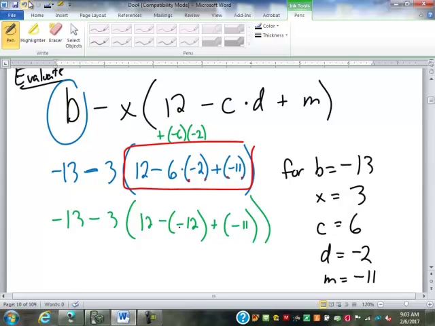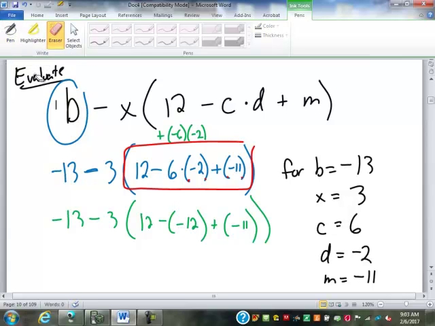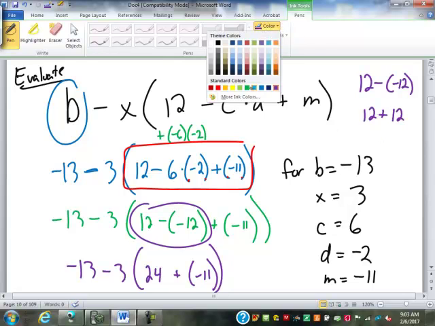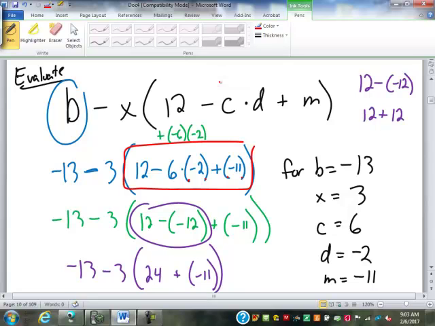So, I get rid of the whole dot there. There we go. Still working inside that set of parentheses. What do we have to do next? So subtract. 12 minus the negative 12 is 24. Remember, 12 minus a negative 12 becomes 12 plus a positive 12.